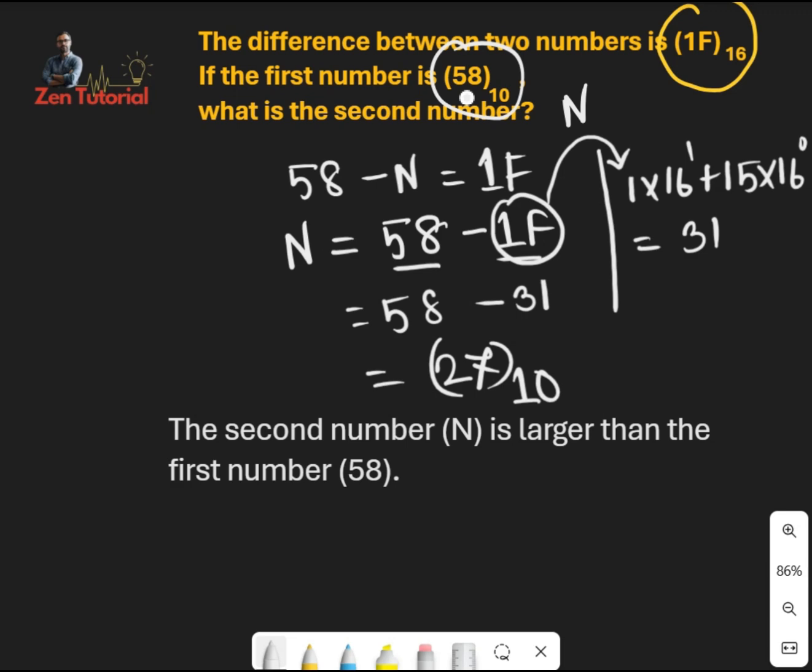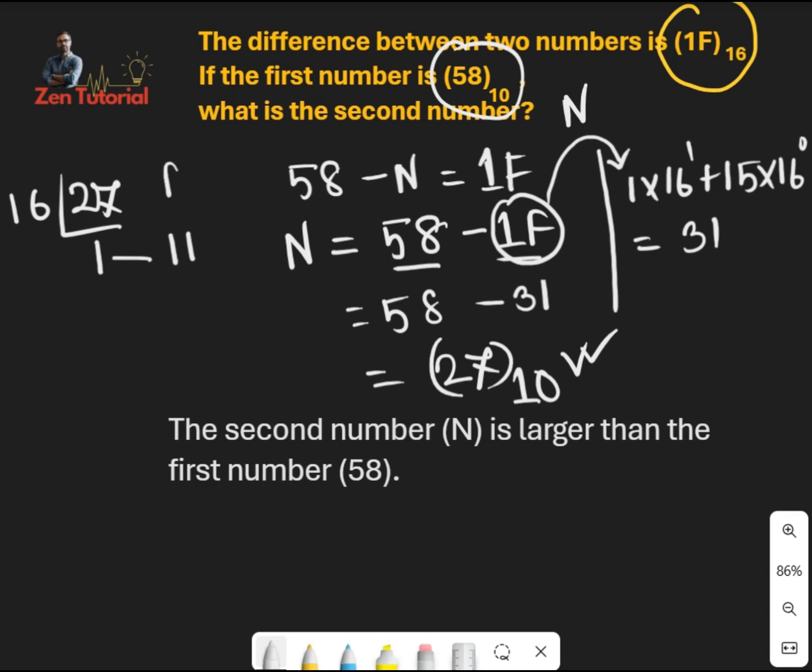It might be asked in MCQ in hexadecimal. Indeed, we have to convert this value 27 into hexadecimal, so divide by 16. So this will be 1 and the remainder will be 11, because 27 minus 16 is 11.